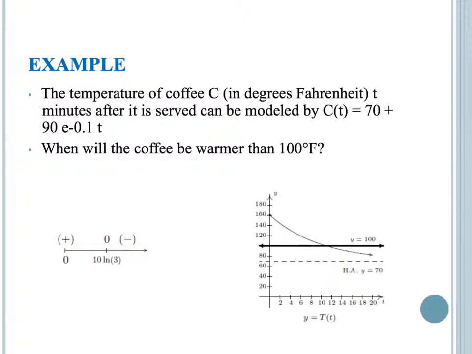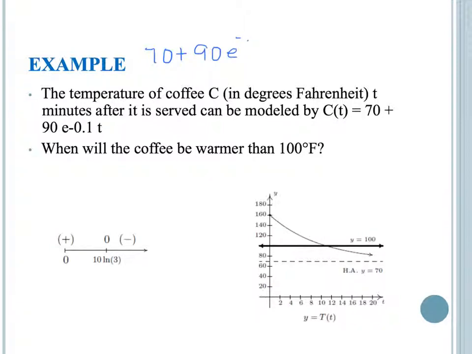Okay, so we've seen this coffee example in one of our previous days working with exponential information, and so our function is the same, that 70 degrees is room temperature, and then we have our coffee cooling down.